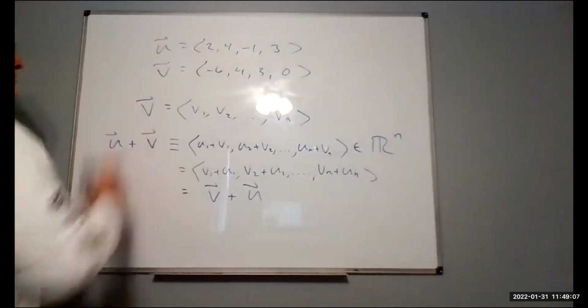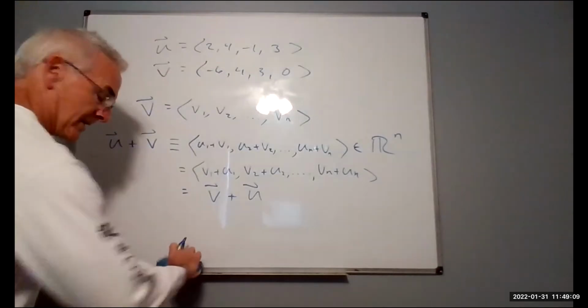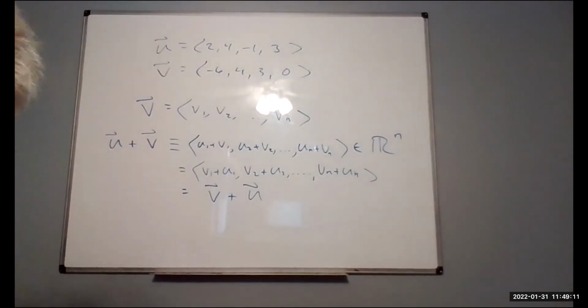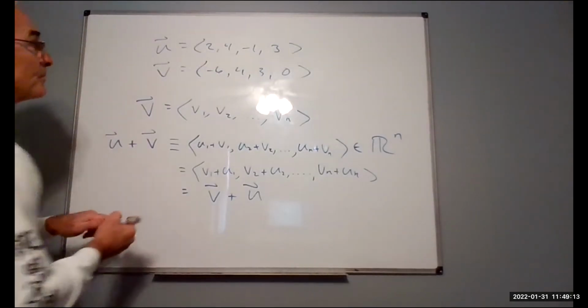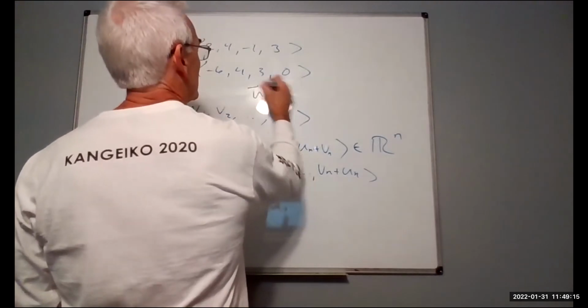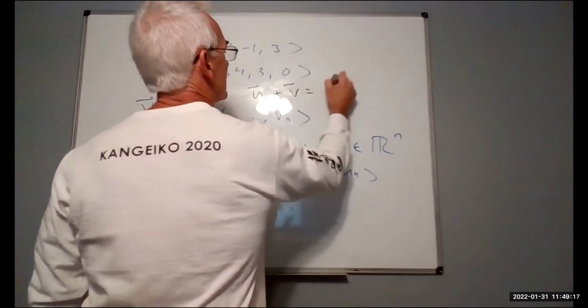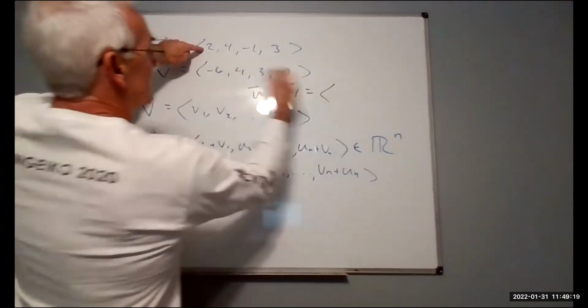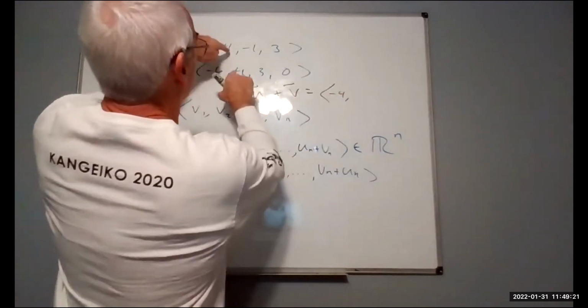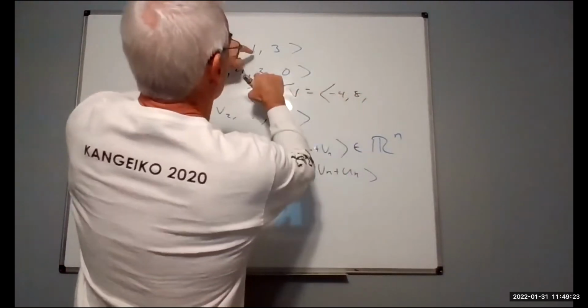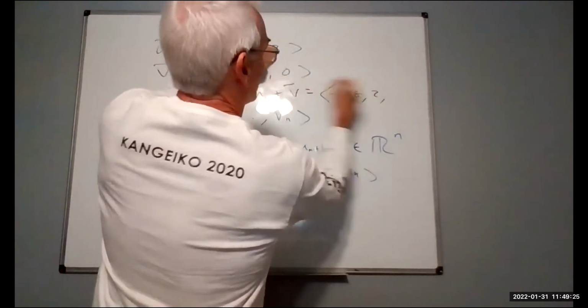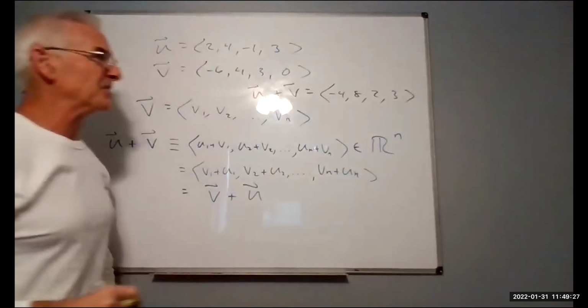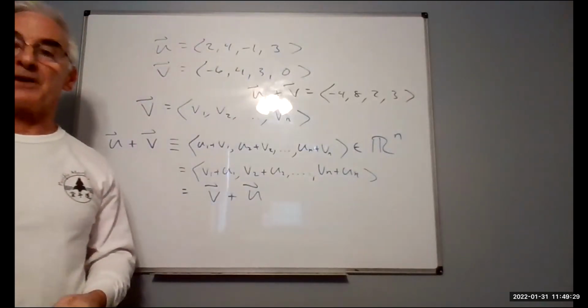So I'm taking two vectors in R4. If I'm going to add these two together: 2 plus -6, 4 plus 4, -1 plus 3, 3 plus 0. It's that simple. Vector addition is very, very simple.